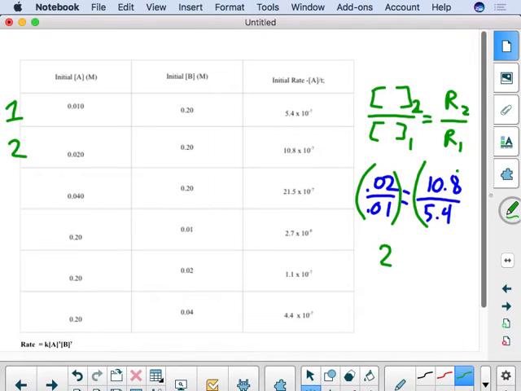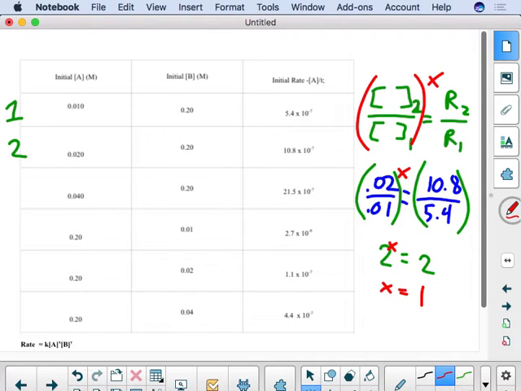If I divide 10.8 by 5.4, I get 2. What is the exponent on this right here? This is what I'm going for, this exponent x. 1. Okay, it's first order because 2 to the 1 power is going to generate 2. So we have just determined that x must equal 1.